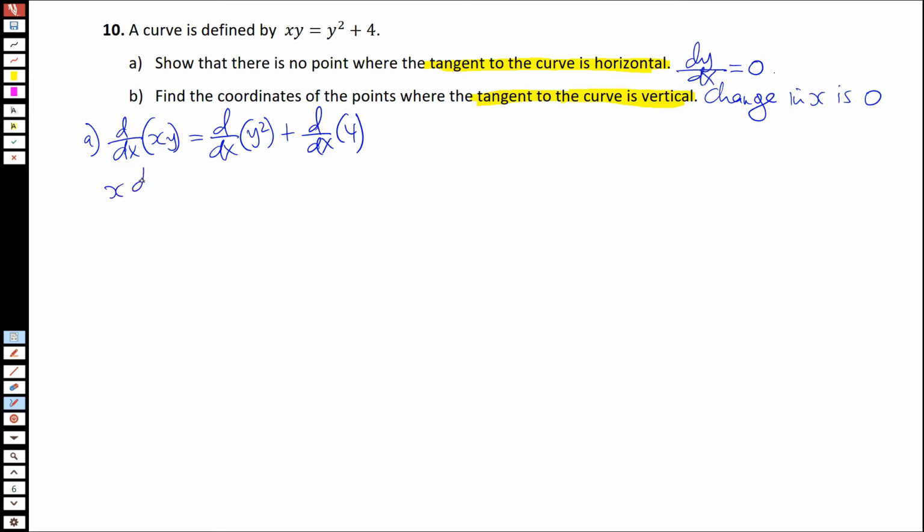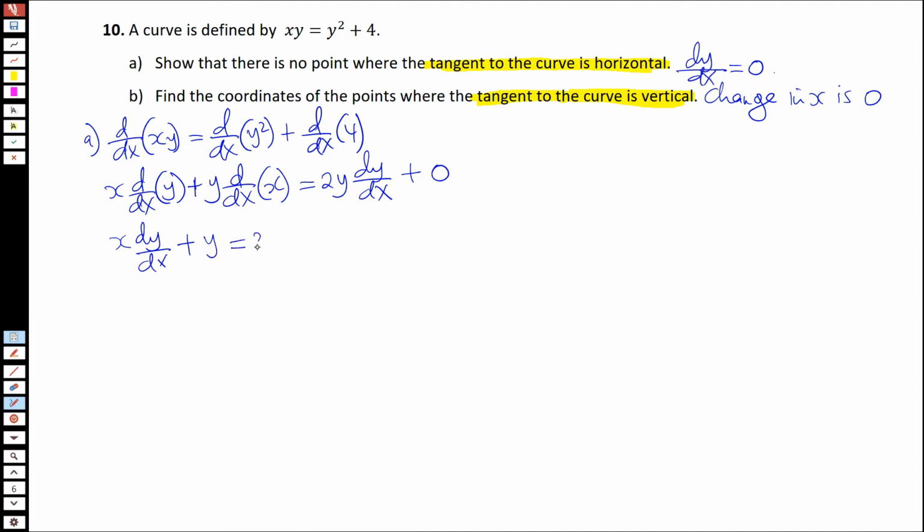So that will be x multiplied by d over dx of y plus y d over dx of x, which should be equal to the derivative of y squared, which is 2y outside and dy over dx inside, applying the chain rule there, plus 0. So we end up with x multiplied by dy over dx plus y equal to 2y dy over dx.